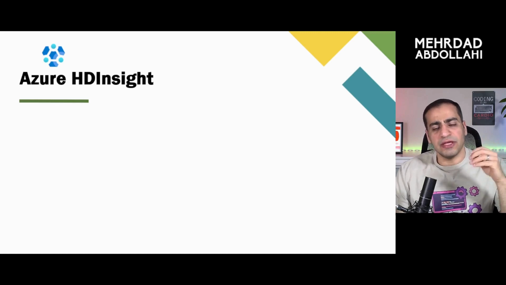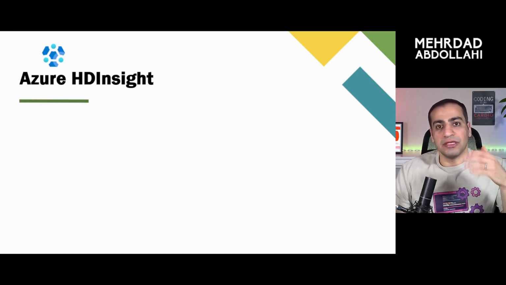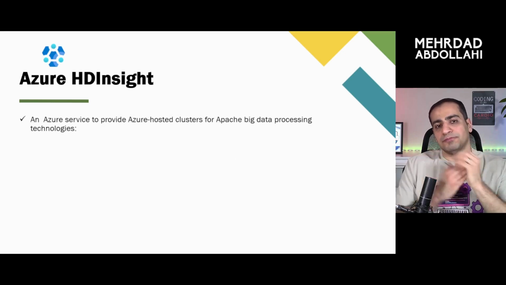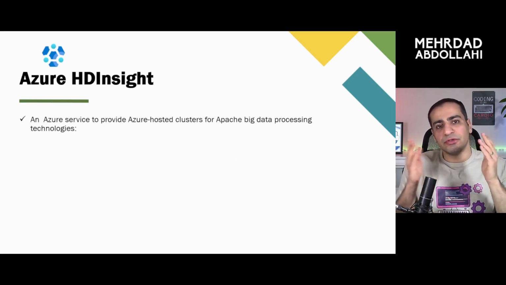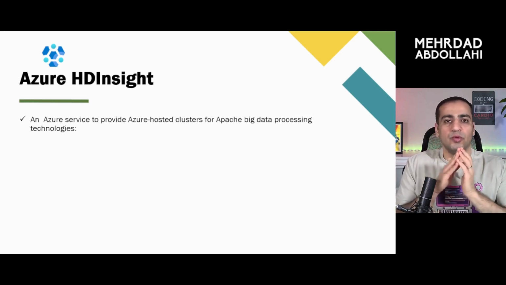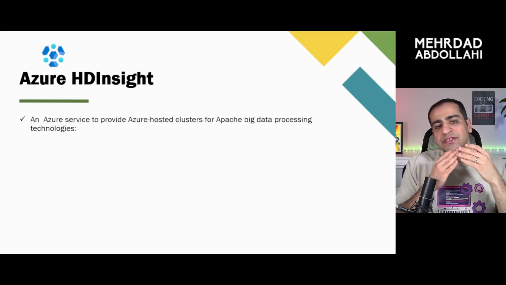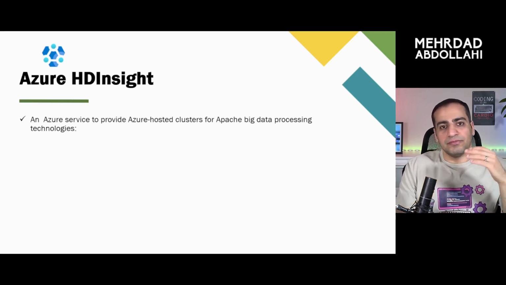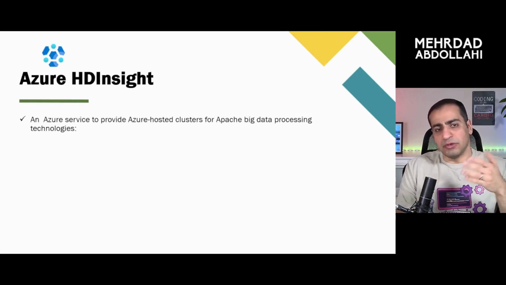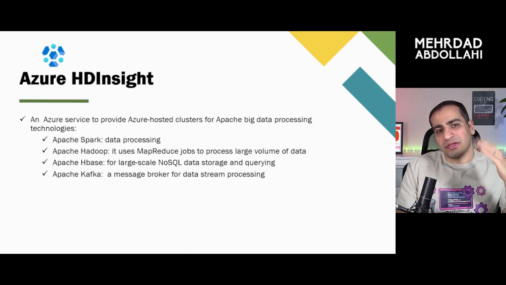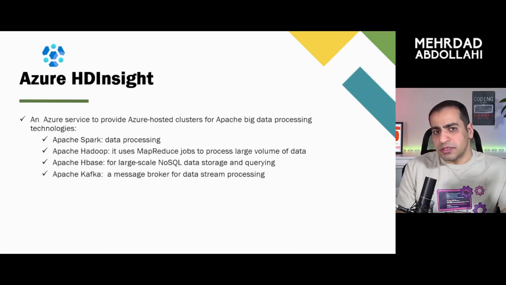We also have Azure HDInsight, which is basically also a platform for analytical purposes, providing services for Azure-hosted clusters in Hadoop, actually for Hadoop big data. And there we have some technologies and components, including Apache Spark for data processing.